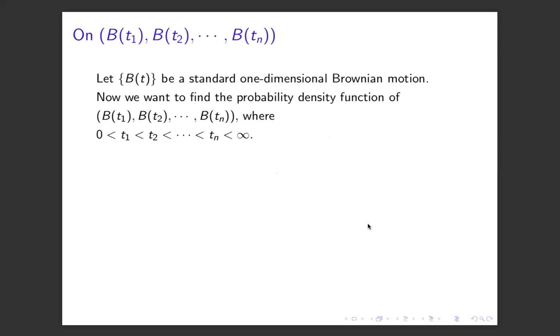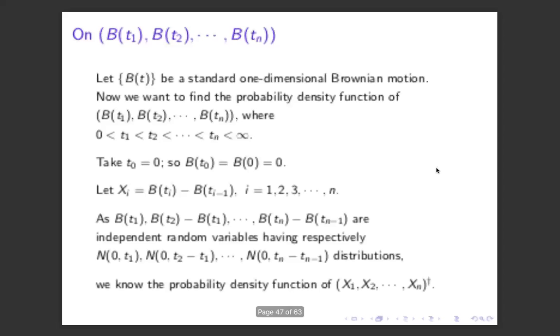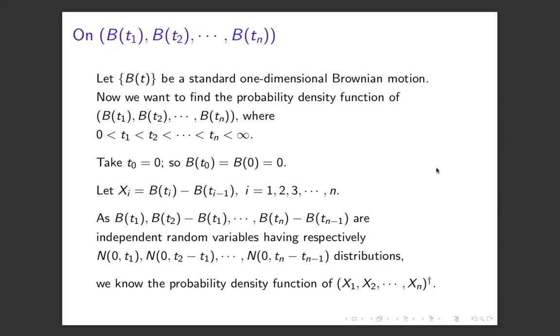Now we will look at the n-dimensional random variable (Bt1, Bt2, ..., Btn), where these ti's are in strictly ascending order. Let us see what is the probability density function of this n-dimensional random variable.